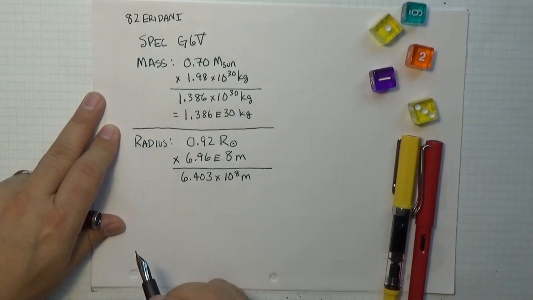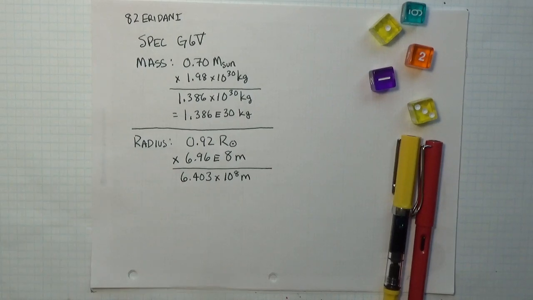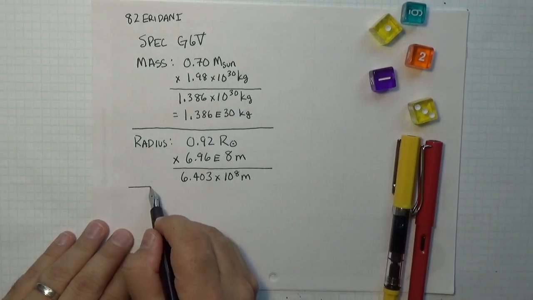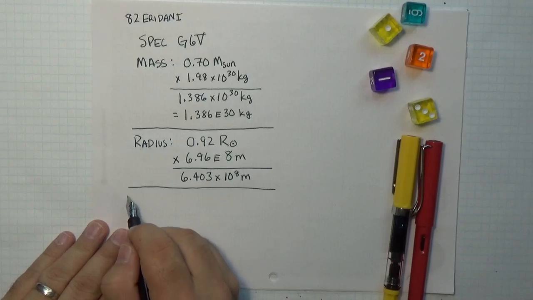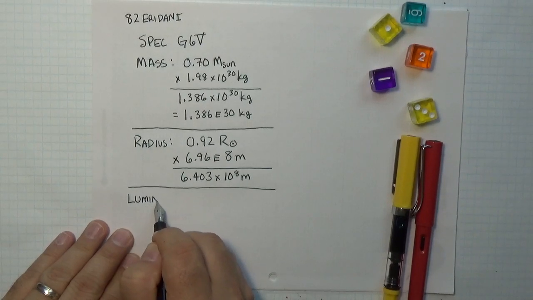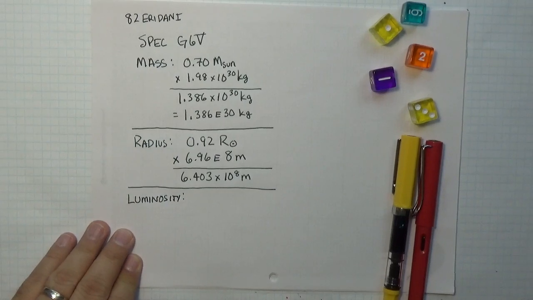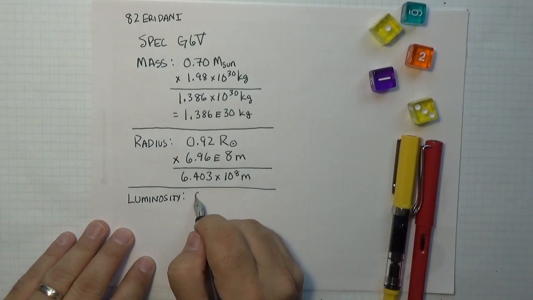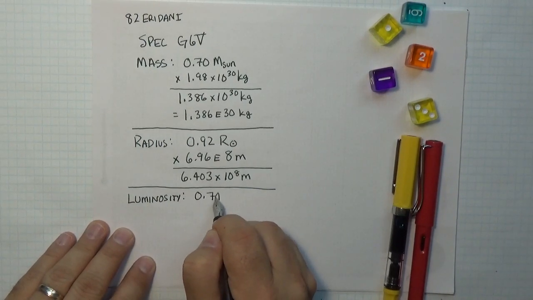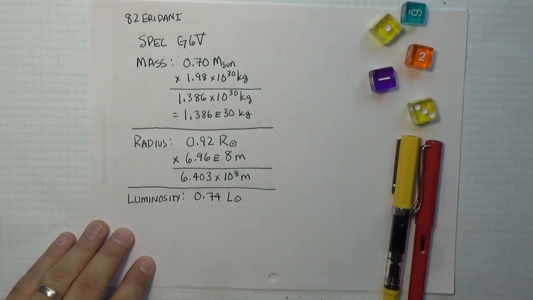Okay, and then lastly, I need to know the luminosity of the star. The luminosity of the star is going to go into the calculation of our habitable zone. So if I look up the luminosity of 82 Eridani, the luminosity is 0.74 times the solar value.